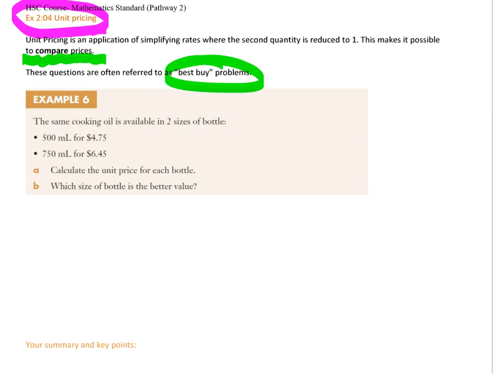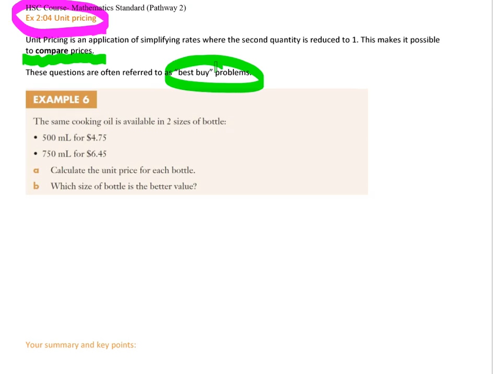So some key words you might be looking for in questions are compare the prices, or which one of these items would be the best buy. Now, when you see those words, you hopefully will make the connection to this mathematical process that we call simplifying a rate.